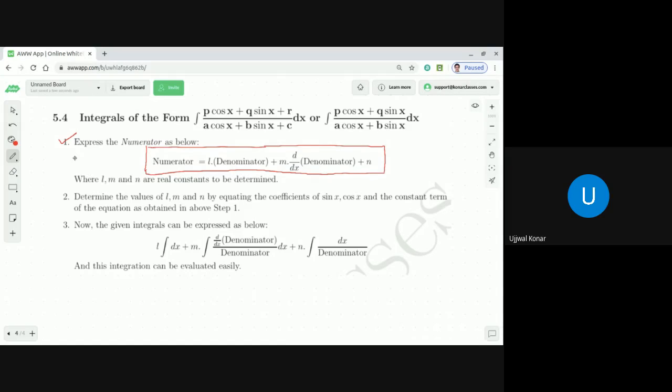And how are we going to determine those values? We can find them by equating the coefficients of sin x, cos x and the constant term.